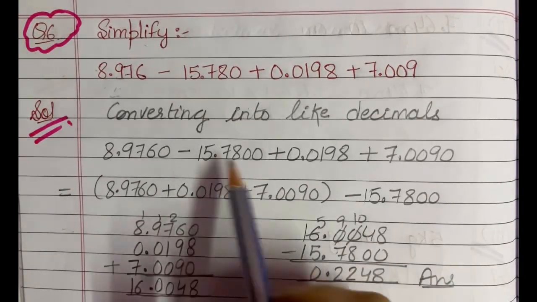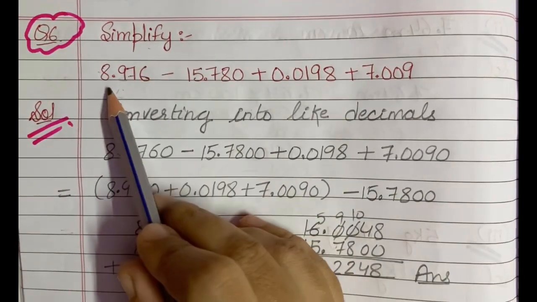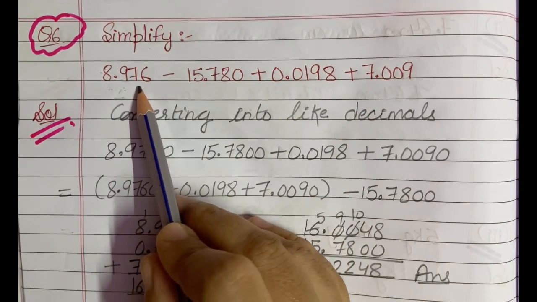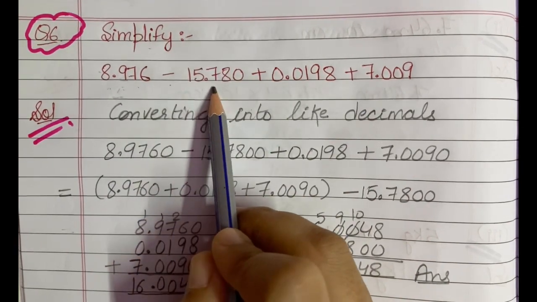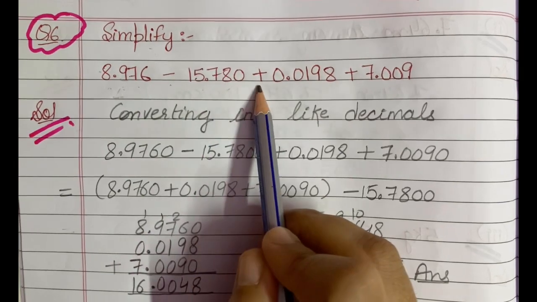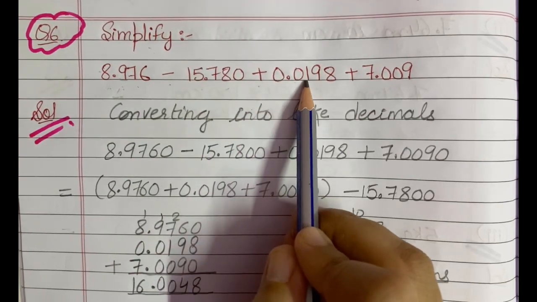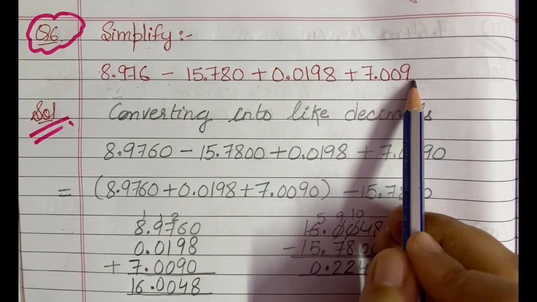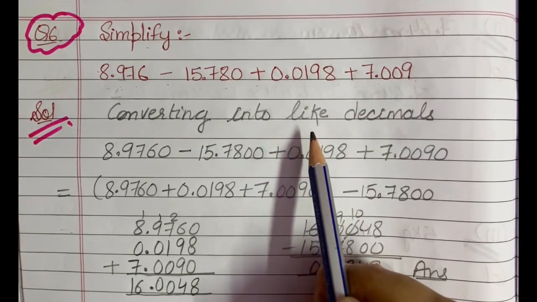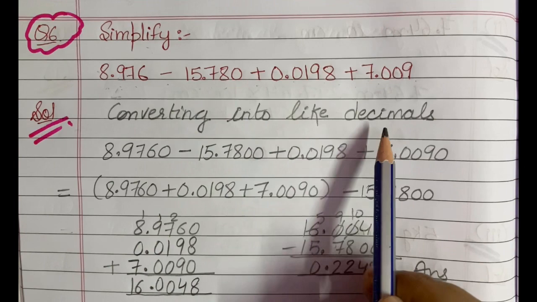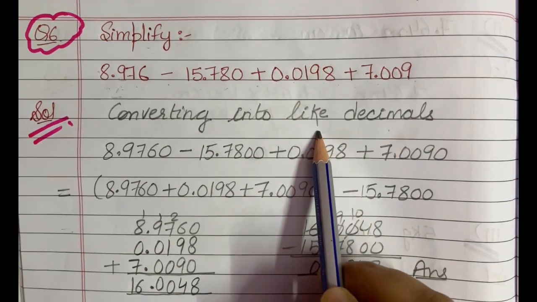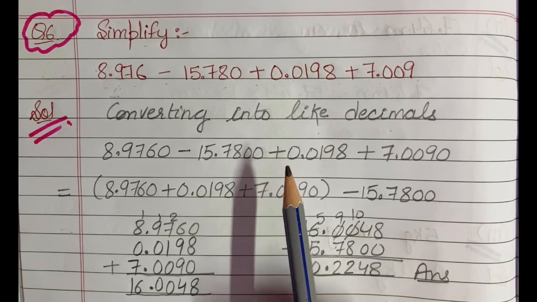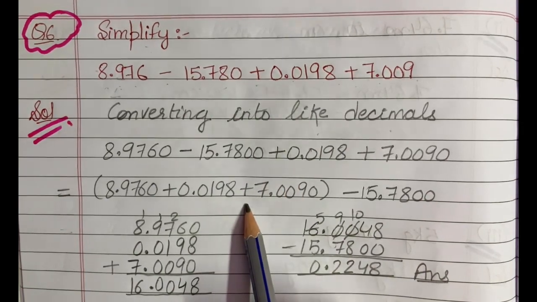Now the next question says to simplify 8.976 minus 15.780 plus 0.0198 plus 7.009. Now students, first of all we will convert it into like decimals. After converting it into like decimals, we will group the positive numbers in a bracket.